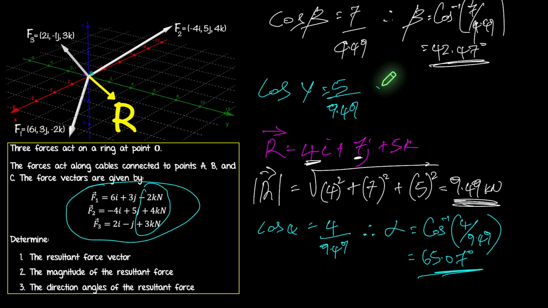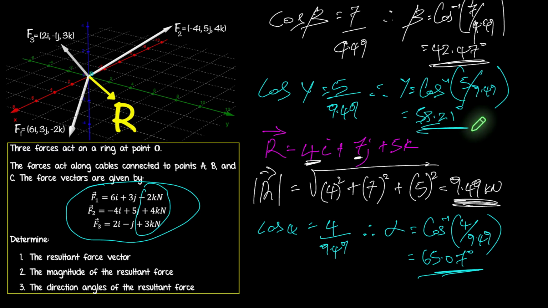So therefore, gamma is equal to cos inverse of 5 over 9.49. Back in the calculator, the final answer for this one is 58.21 degrees. And those are the direction angles, and remember that these describe the orientation of the vector relative to each axis.